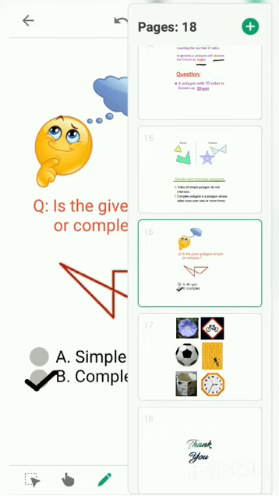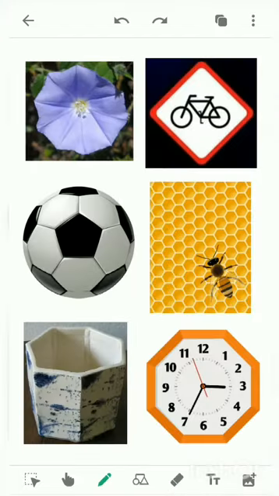Now, I will show you some real-life examples of polygons. This is a picture of a flower. Here you can see a triangle.